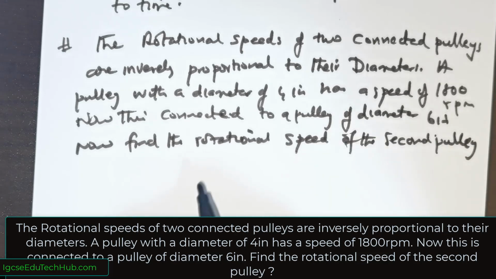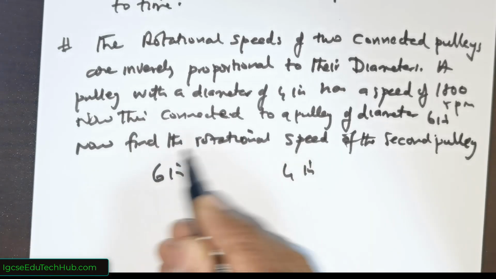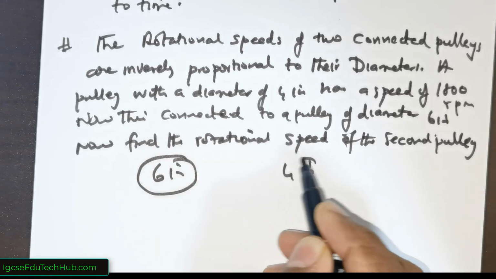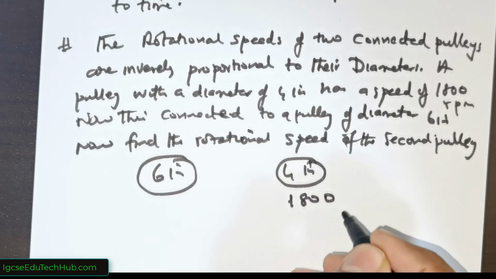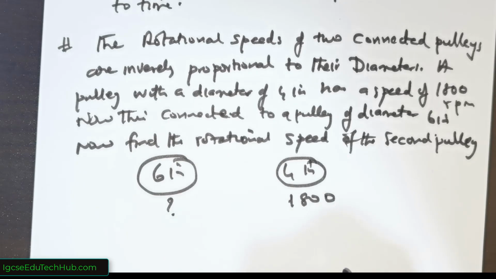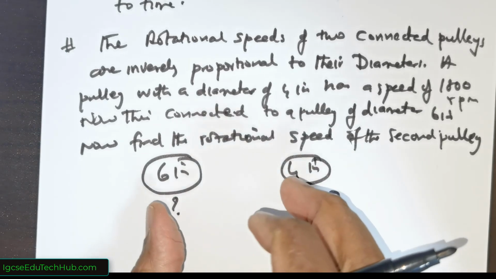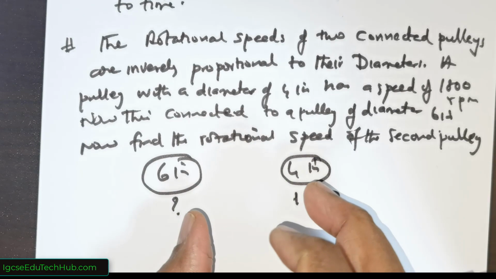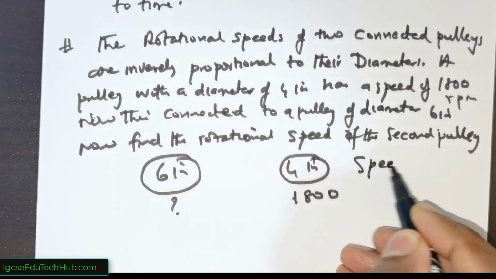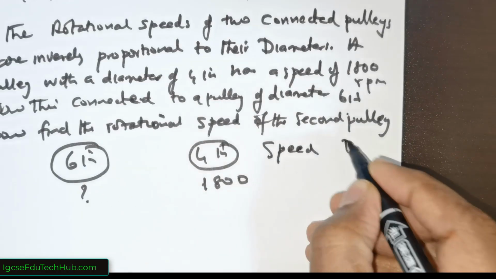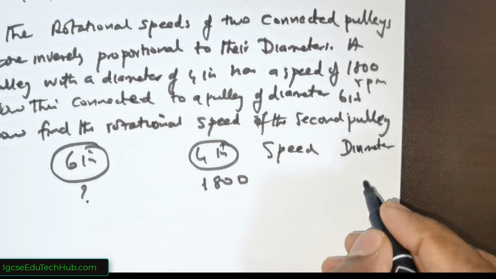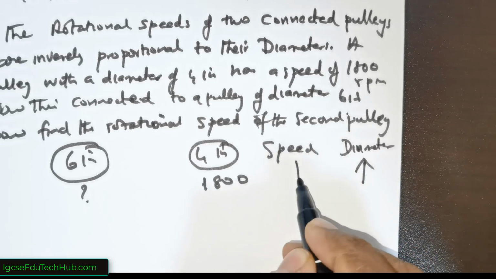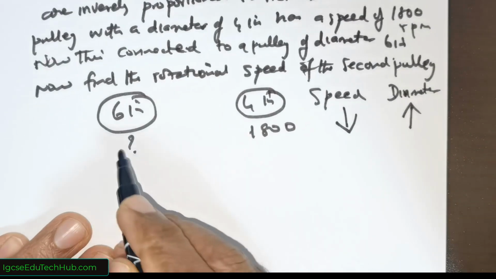Okay, so we have a 6-inch pulley and a 4-inch pulley. So this is the bigger one and this is the smaller one. Now this has got an RPM of 1800. We are expected to find out the speed. Now the speed and diameter are inversely proportional. So that means when diameter increases, the speed will decrease.